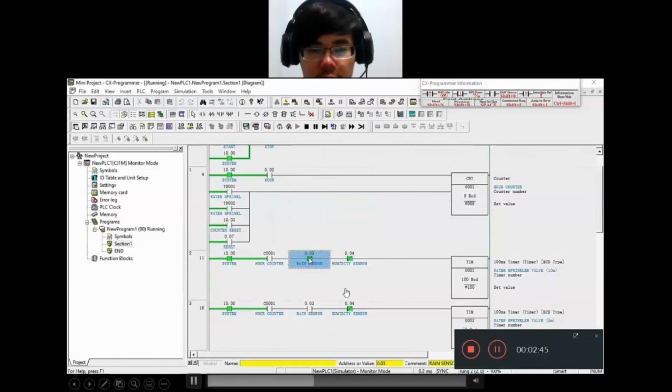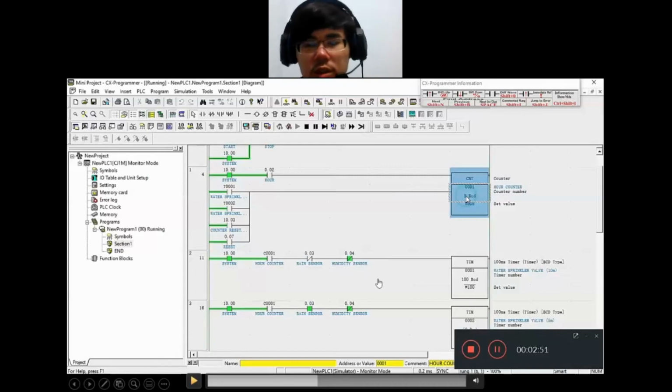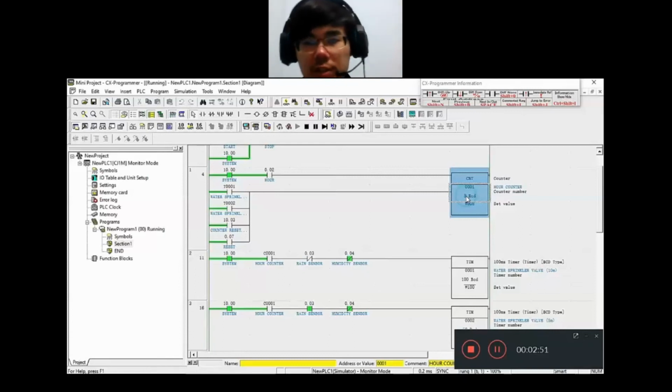So this time the condition set is the rain sensor is set to 1, that means it is raining, but the humidity sensor is still 0, meaning the soil of the crops is still dry.